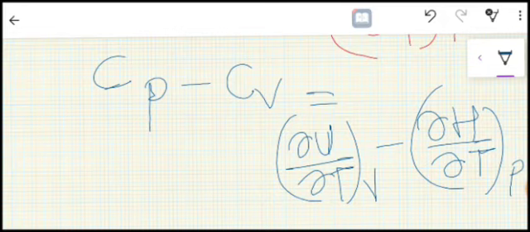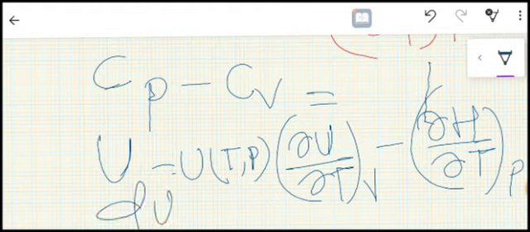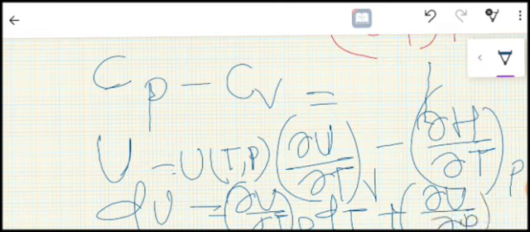But now we have to consider internal energy U as a function of pressure and temperature. Then we get dU equal to ∂U/∂T at constant P dT plus ∂U/∂P at constant T dP.